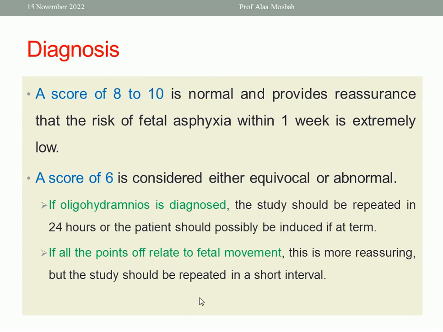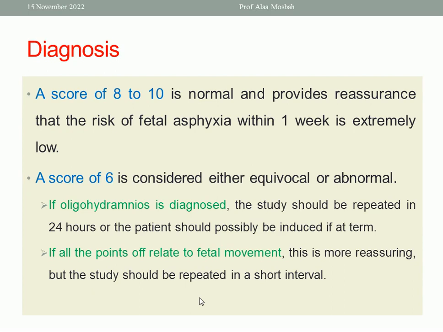What if the score is 6? This is considered either equivocal or abnormal. But you should notice, if oligohydramnios is diagnosed, the study should be repeated in 24 hours, or the patient should possibly be induced if at term.